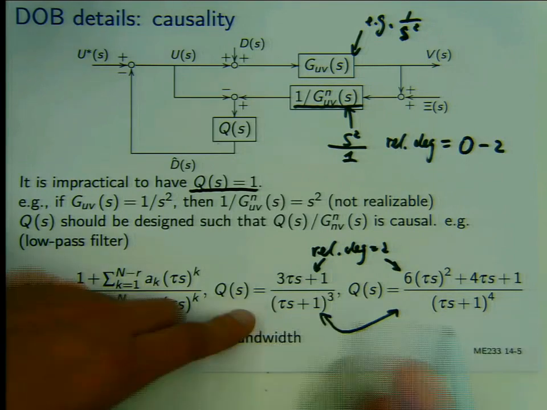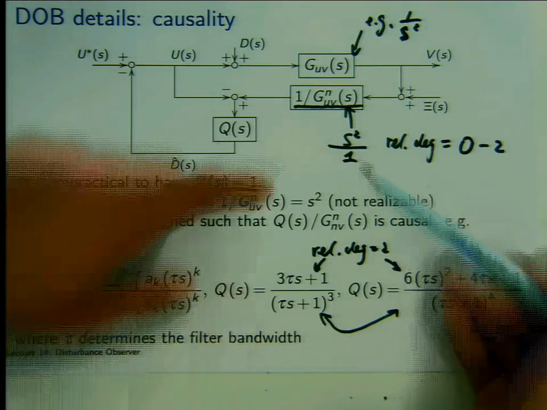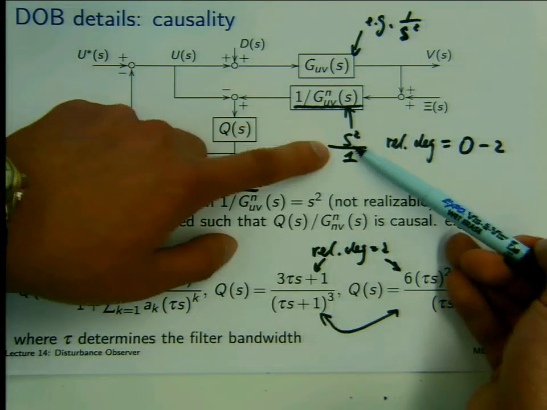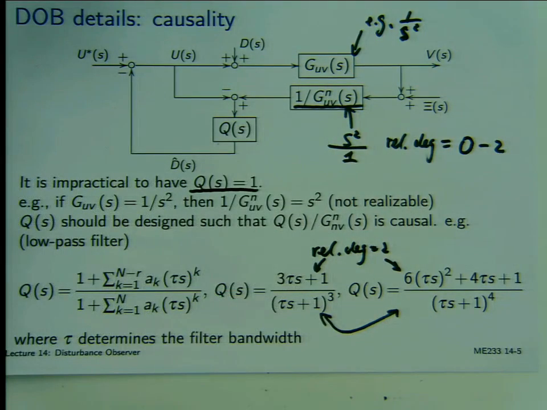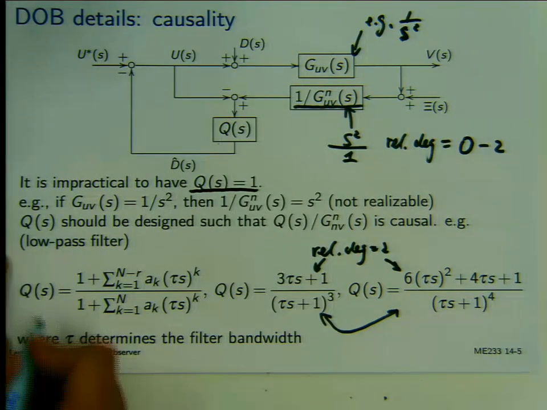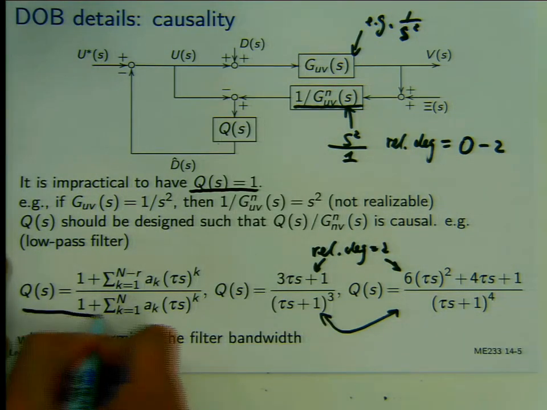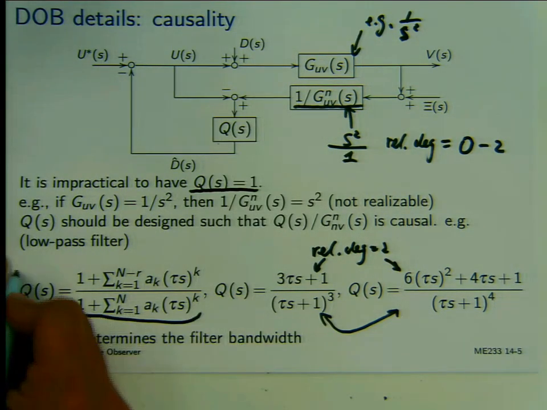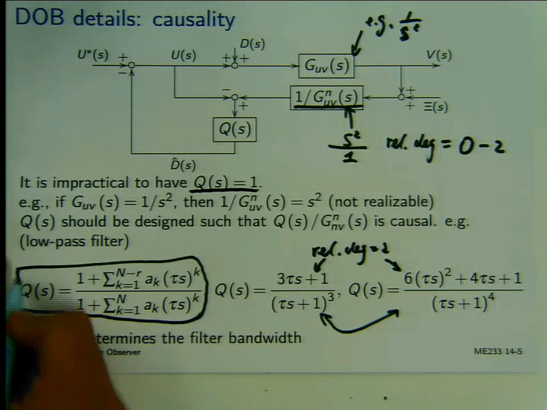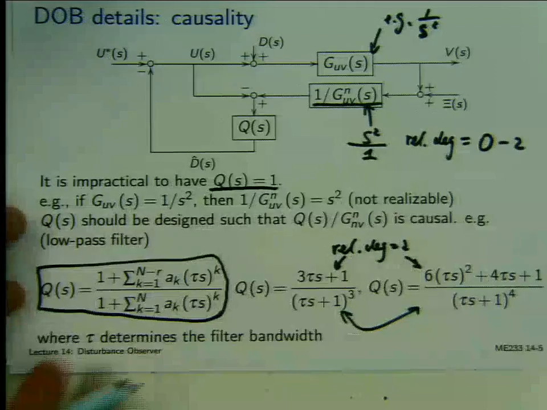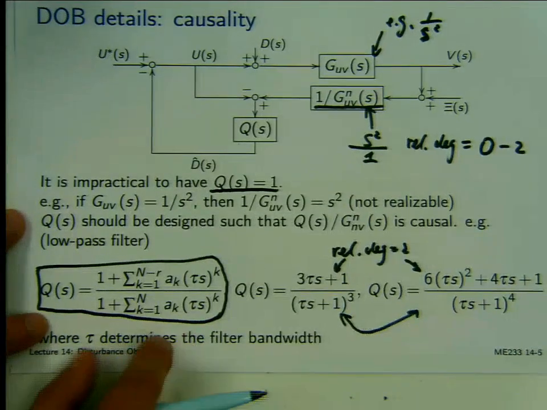So this design is implementable and causal. In general, this is a structure of low-pass filter that's proposed by some of the early pioneers of disturbance observer design. So use this structure.